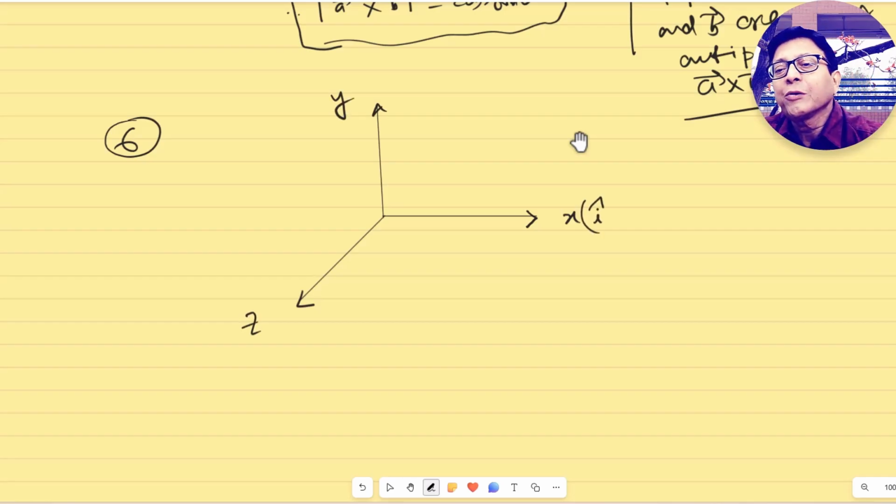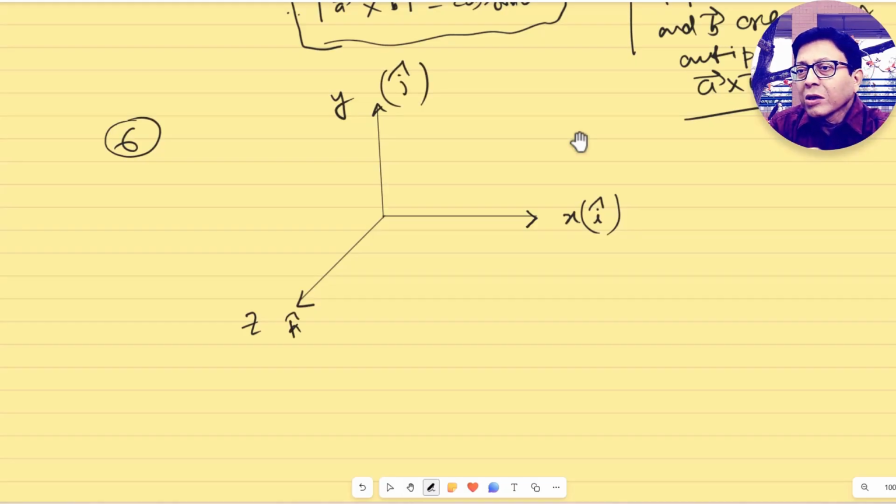So cross product will help you to decide whether two given vectors are anti-parallel or running parallel.